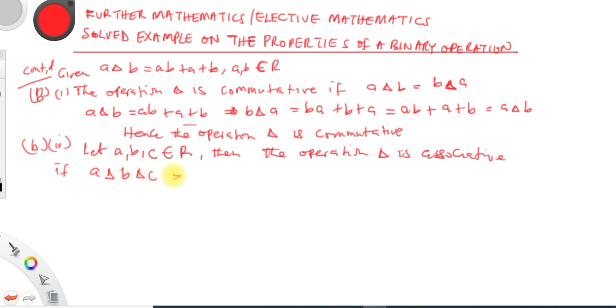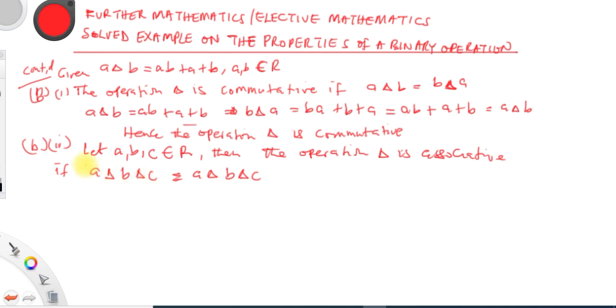Same thing. So we have the three elements you are evaluating.